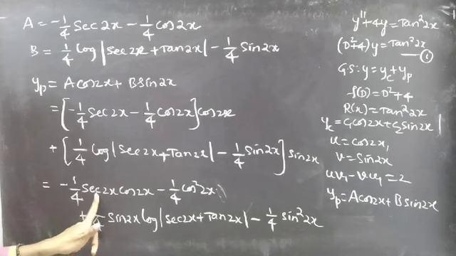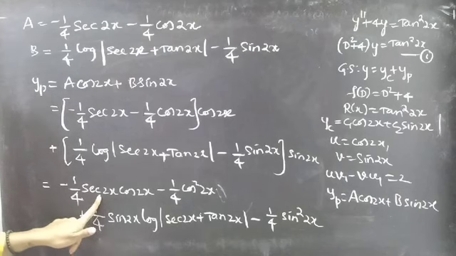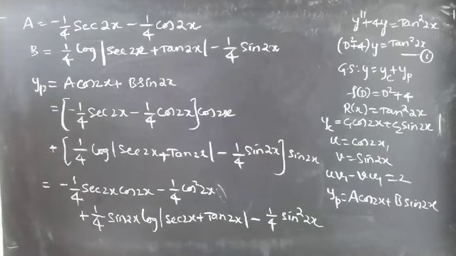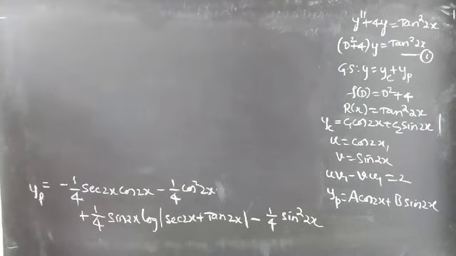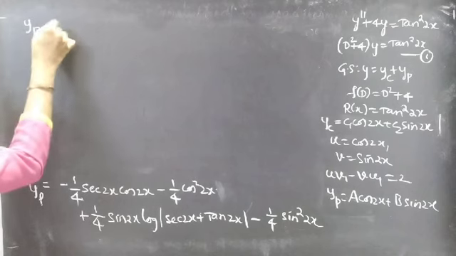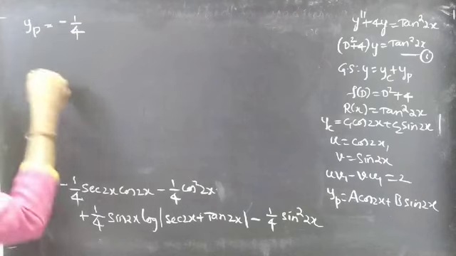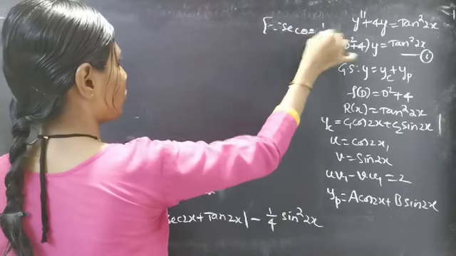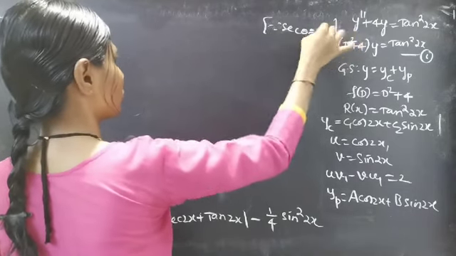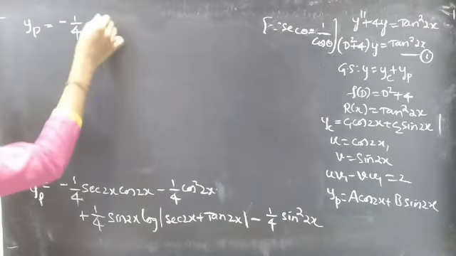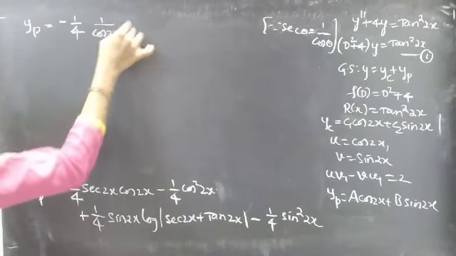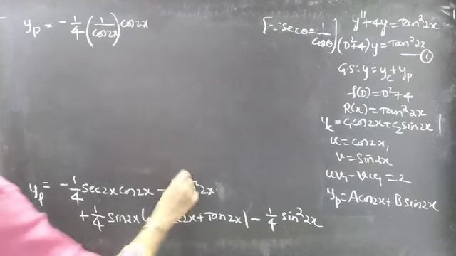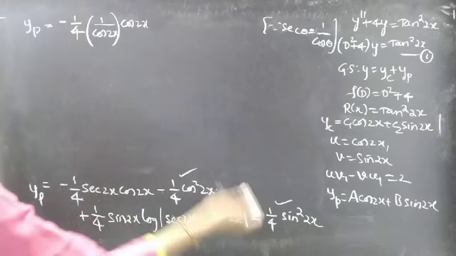In the next step, we'll replace secant 2x with the reciprocal of cos 2x and we'll take minus 1 by 4 common from these two terms. yp becomes minus 1 by 4 into, since secant theta equals the reciprocal of cos theta, we'll replace secant 2x with 1 by cos 2x into cos 2x. Now take minus 1 by 4 common from these two terms.